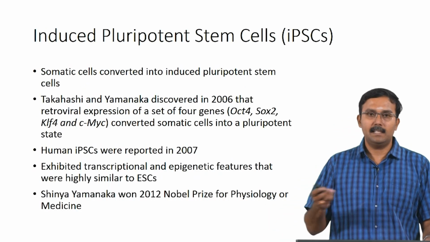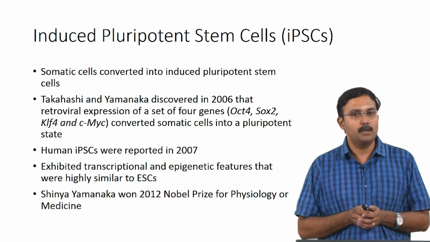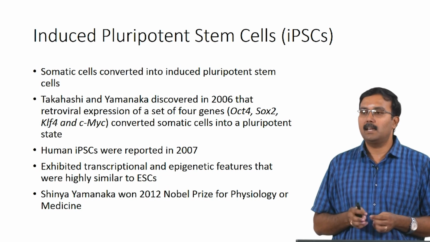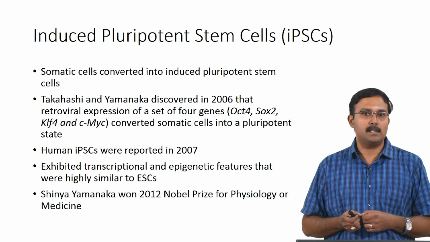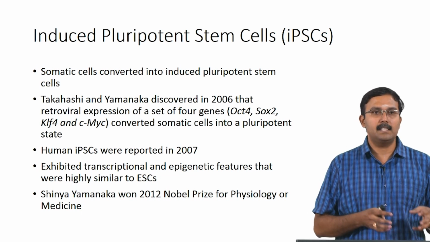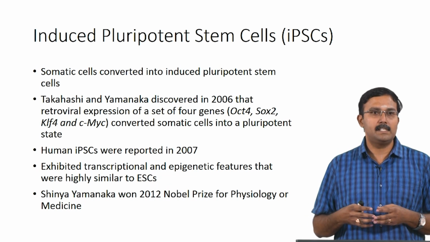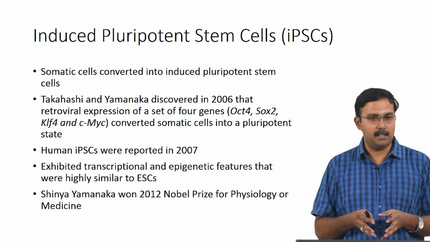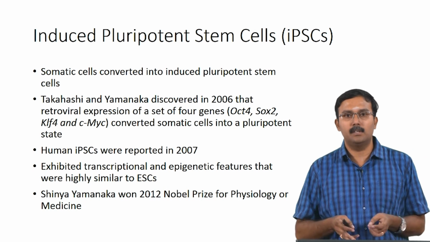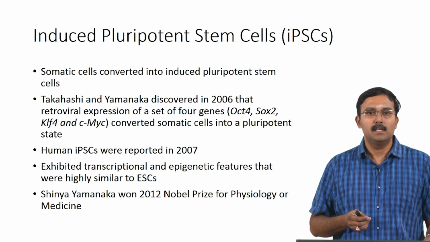So, iPSCs are the last type of stem cells which we will quickly go into. These are basically somatic cells which are reprogrammed into induced pluripotent stem cells. This was first shown in 2006 by Takahashi and Yamanaka, and what they showed was that a set of 4 genes can be transfected into the cells to form them into pluripotent stem cells.